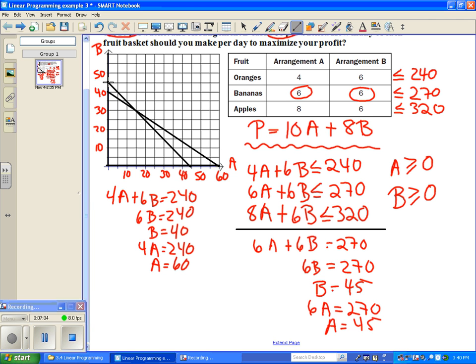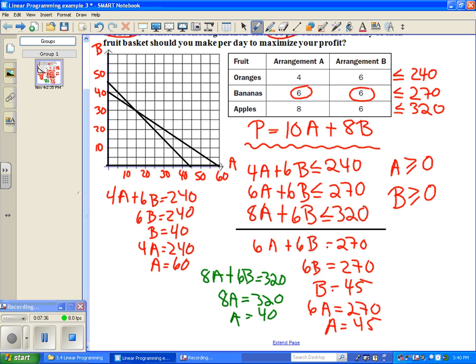Okay, then we have the last one. We have 8A plus 6B equals 320. If we substitute in 0 for B, we get 8A equals 320, so A equals 40.